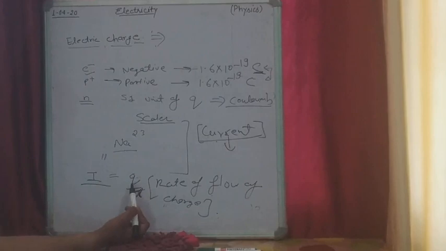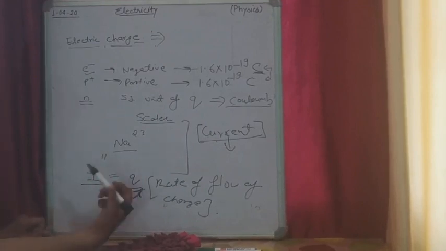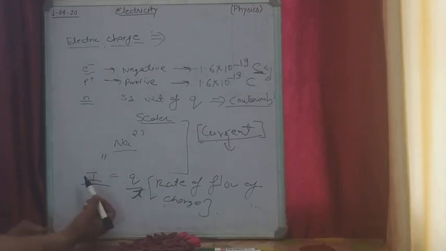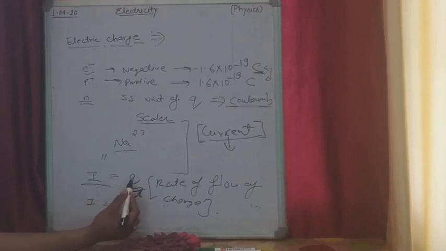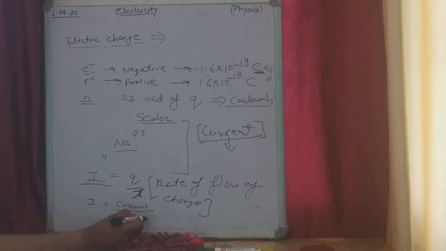And what is SI unit of electric charge? As we know, SI unit of electric charge is Coulomb. And SI unit of time is second. So we can find unit of electric current from here also. Electric charge is Coulomb, time is second: Coulomb per second.